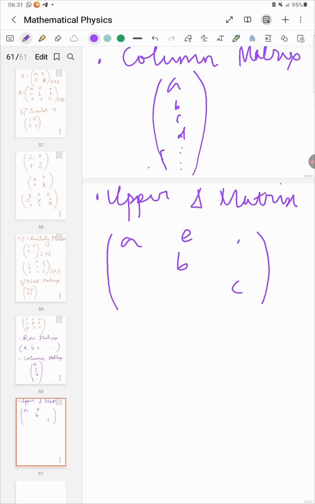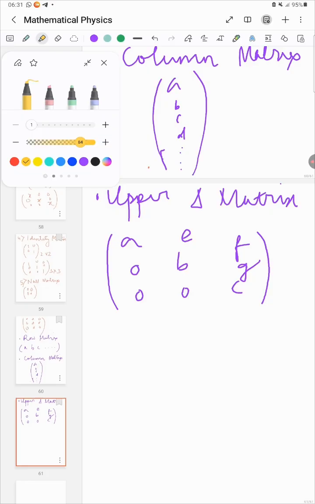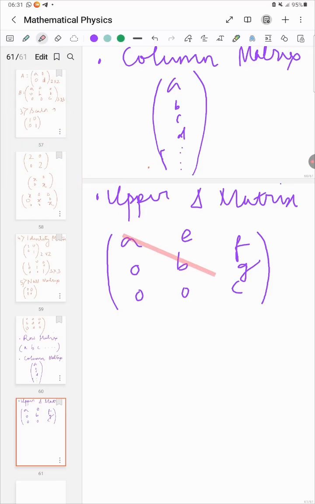So it would be E, F, G, but then all elements below the principal diagonal need to be 0. Just look at this. This forms the upper triangular matrix, isn't it? Isn't it forming a triangle in the upper section? So this is why it is named upper triangular matrix.